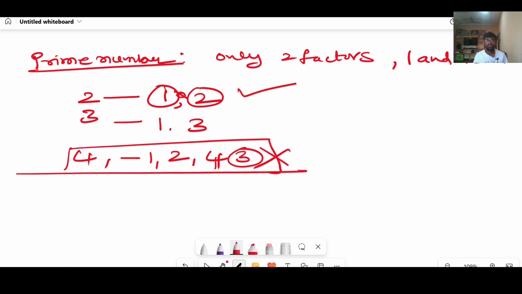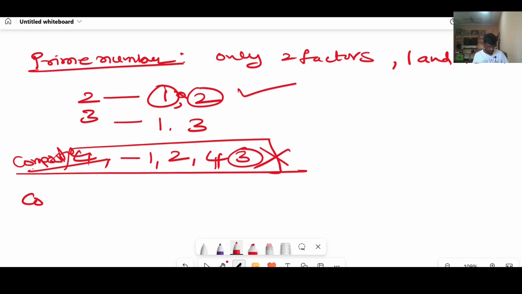Prime numbers are those which have only two factors, itself and 1. And composite numbers are those which have more than two factors, right? Here 4 has more than two factors, so we can conclude that 4 is a composite number. The numbers which have only two factors, one itself and another 1, are called prime numbers.